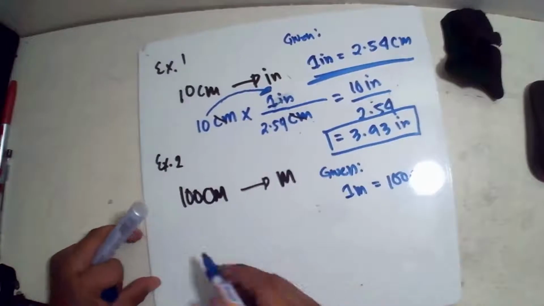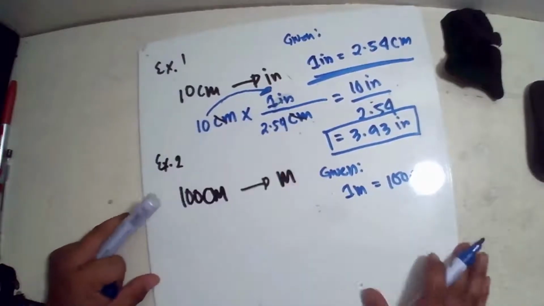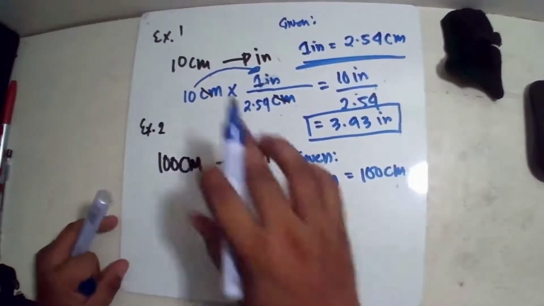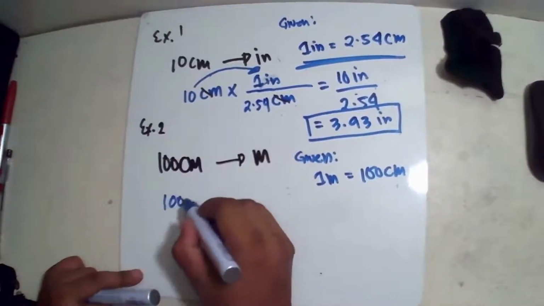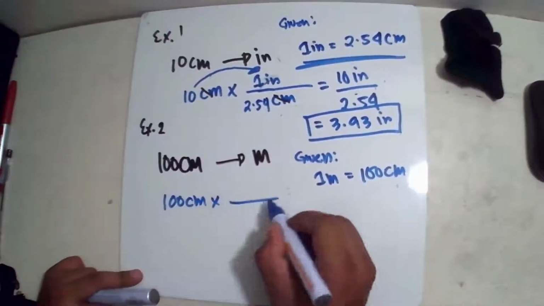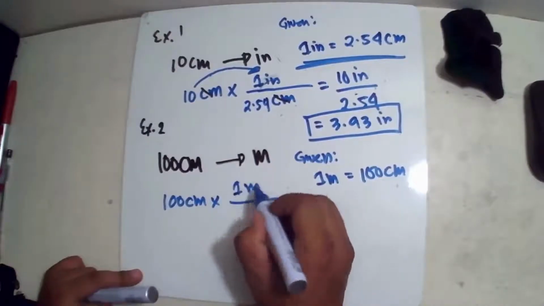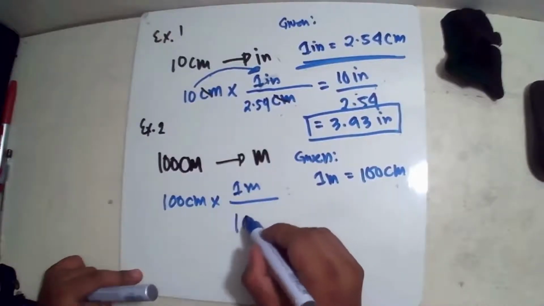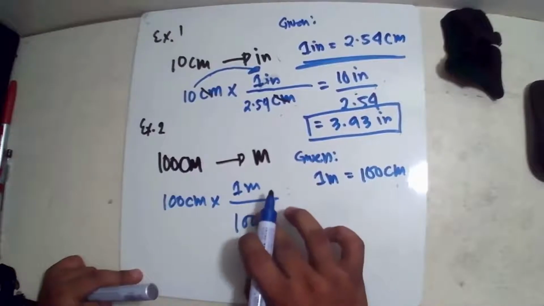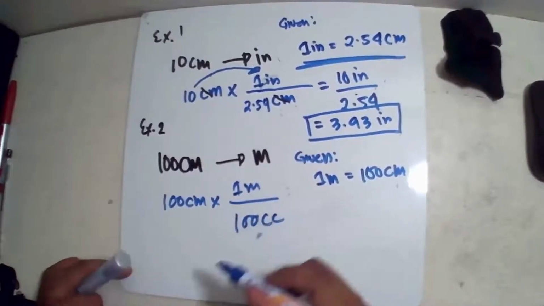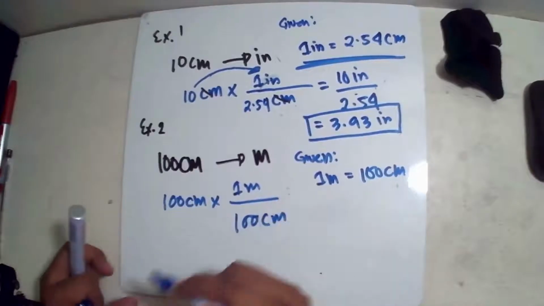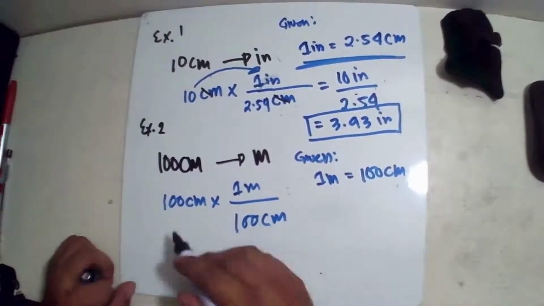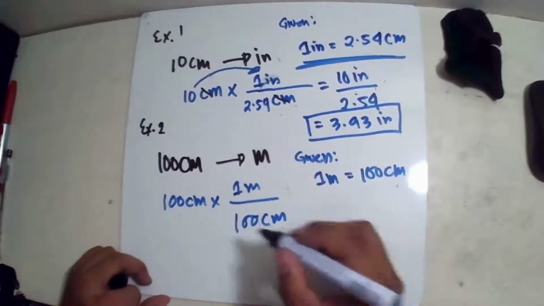So to solve this one, we will do the same process as example number 1. This is 100 centimeters times, for every 1 meter we have 100 centimeters. Treat the units as algebraic quantities.